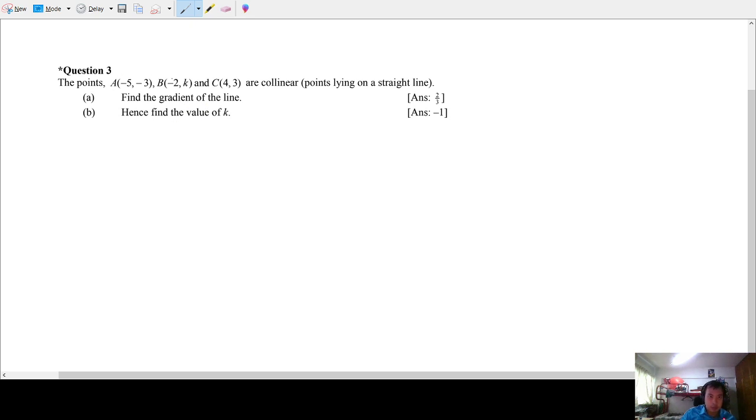So actually, K is the one that's giving us trouble. Let's draw a diagram. Let's say this A here is -5, -3, and this C here is 4, 3. If they're all on a straight line, one thing you need to know is that AB, BC, and AC all have the same gradient. But this B is the stubborn one.